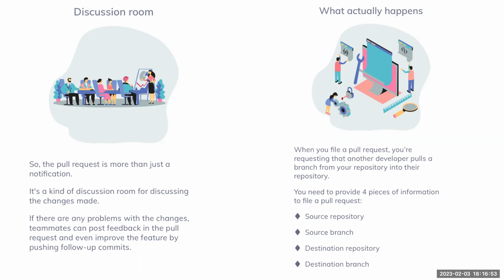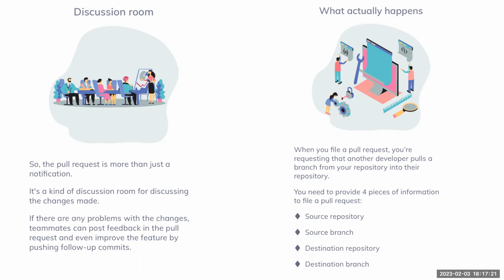If a couple of people are working and have a dependency on you, you can just inform them with this, and they can start working on it, right? What we need to consider is that you need to provide four pieces of information to file a pull request: source repository and source branch, and destination repository and destination branch.